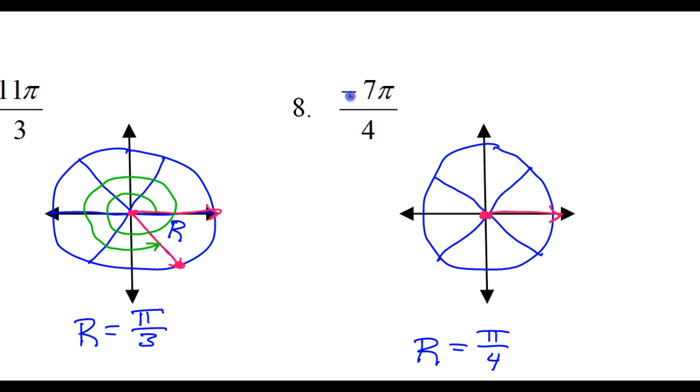I'm going the negative direction, so I'm going around this way. Let's count to -7. So this would be -1, 2, 3, 4, 5, 6, 7. That would be -7 pi over 4.